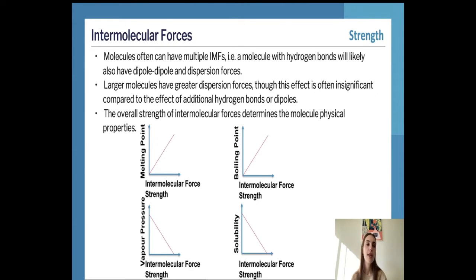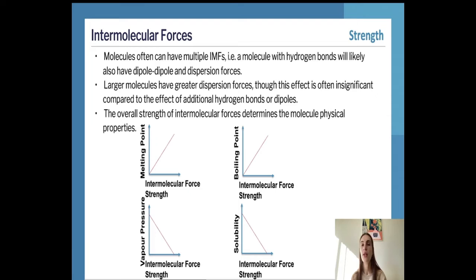However, if we're comparing something like octane with something like ethanol, we know ethanol has a hydroxyl group. A hydroxyl group is an oxygen bonded to a hydrogen. And so remember that oxygen bonding to hydrogen causes hydrogen bonding. Hydrogen bonding is going to be so much stronger than considering a large alkane type molecule like octane.